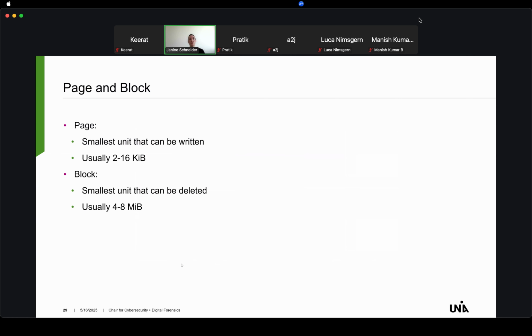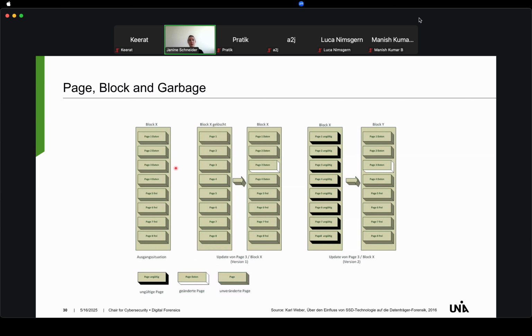So with SSDs, we have two units: pages, which are the smallest unit that can be written, and blocks, which are the smallest unit that can be deleted. Blocks consist of several pages. Here you can see one block with 8 pages.